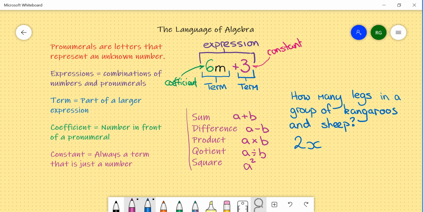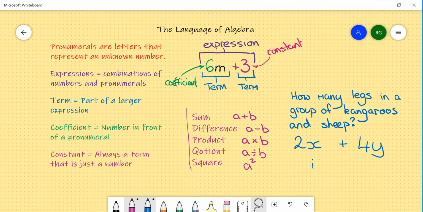If there were 2 kangaroos, it would be 4, and so on. We would then add that to the sheep, and let's give the sheep the value of y. X and y are pretty common pronumerals used in maths, and so let's give it 4y because there are 4 legs for every one sheep.